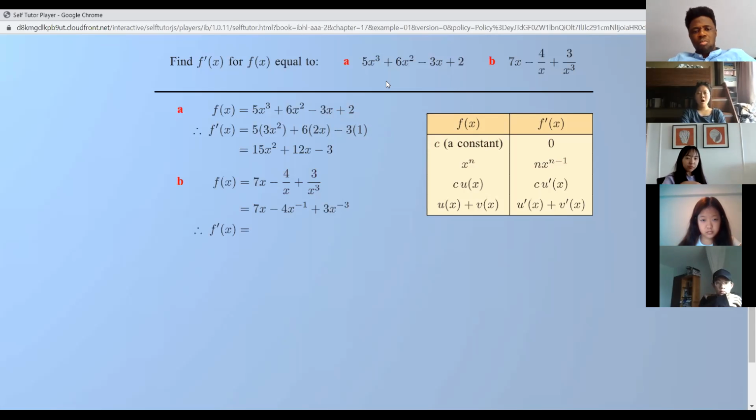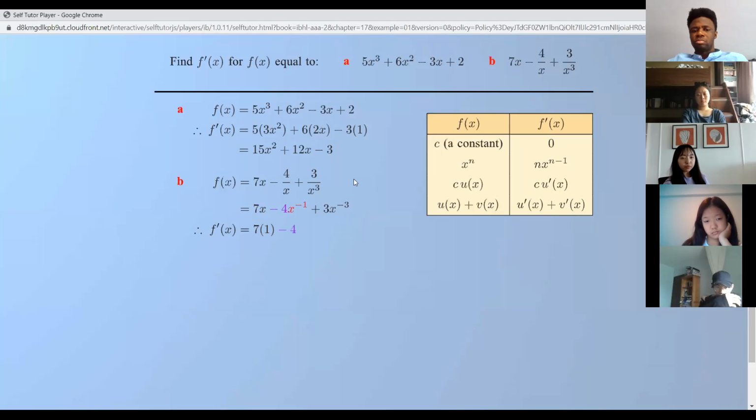To differentiate 7x to the 1, we write the 7 in front, and the derivative of x is 1 times x to the 0. To differentiate minus 4x to the minus 1, we write the minus 4 in front, and the derivative of x to the minus 1 is minus 1 times x to the minus 2.